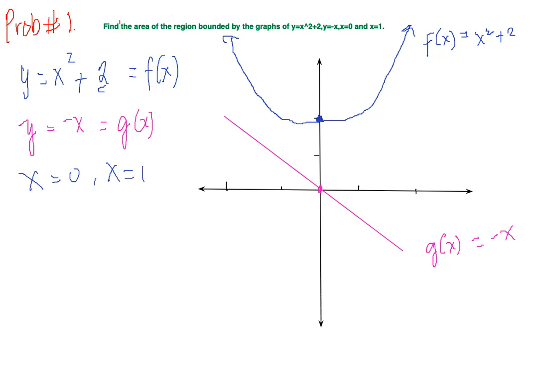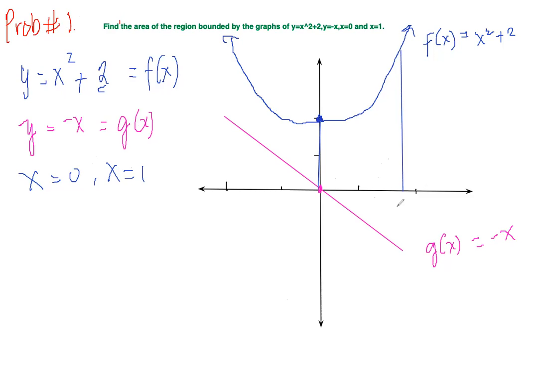So x equals 0, that's here. And the other one is x equals 1, and let's say that 1 is here. This is x equals 1.